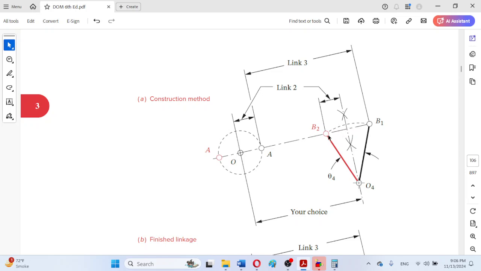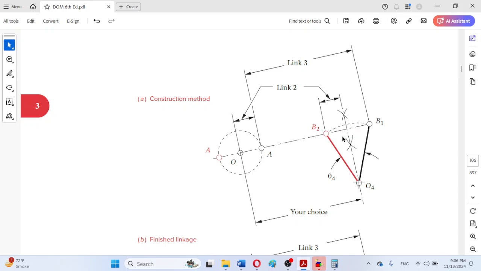This is the throw or the stroke of the rocker. This curve is the angle subtended by this rocker link at the grounded revolute O4. That is the angular stroke of the rocker.